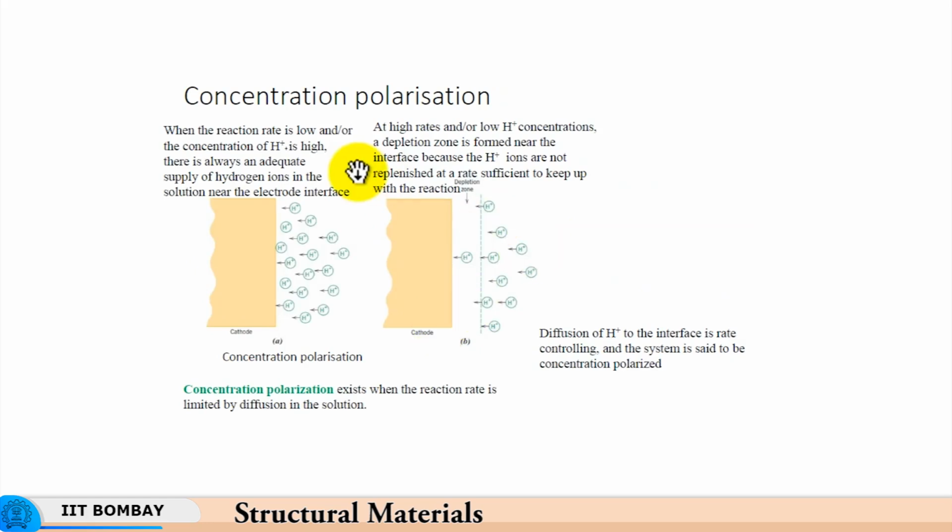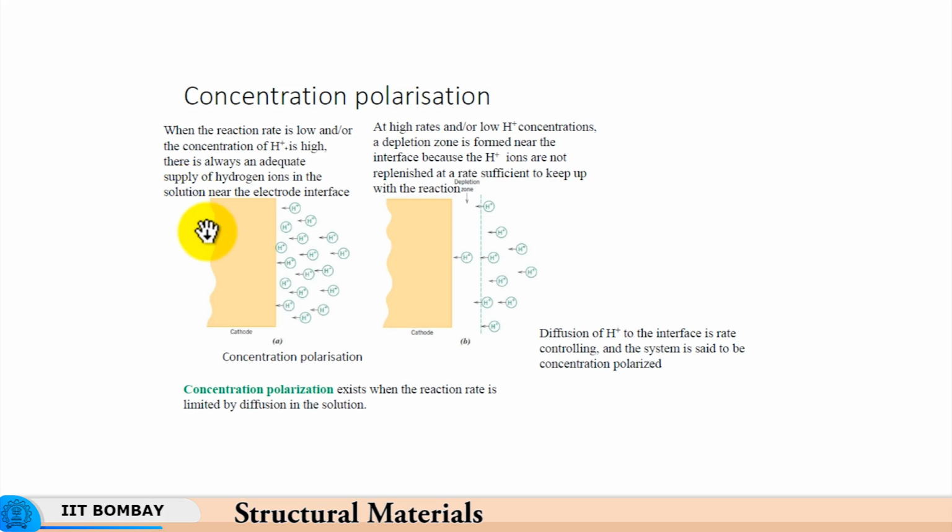Another variety of polarization is called concentration polarization, where the diffusion of these ions through the electrolyte is taken to govern the rate of reaction. So, when the reaction rate is low, which reaction rate is low? The reaction of electrons combining with hydrogen generating hydrogen gas, for example.